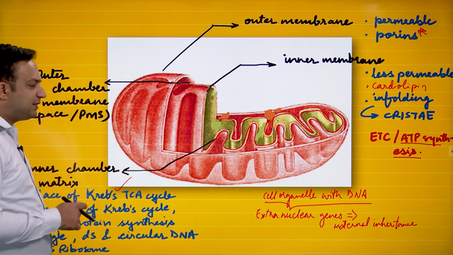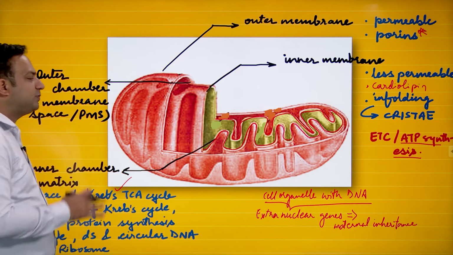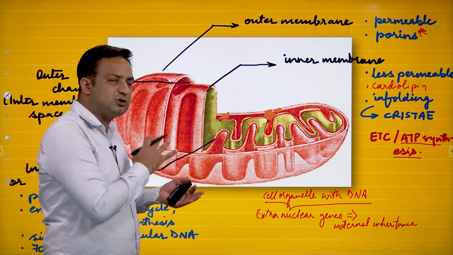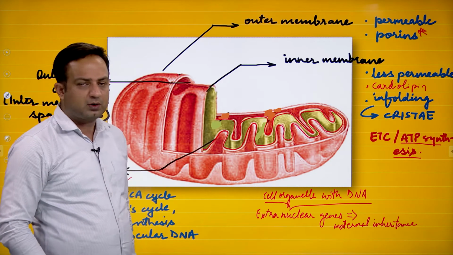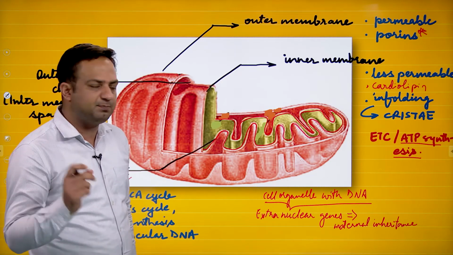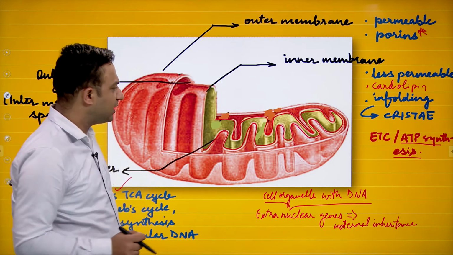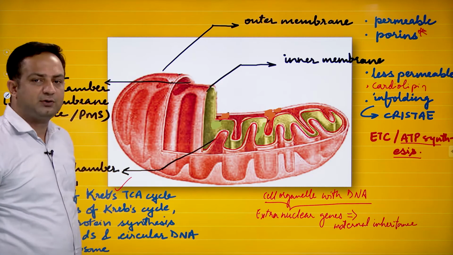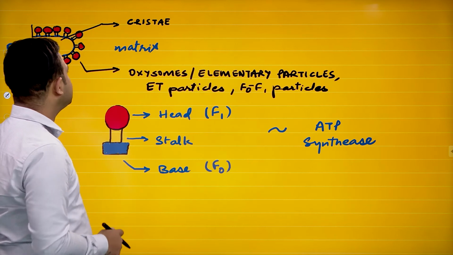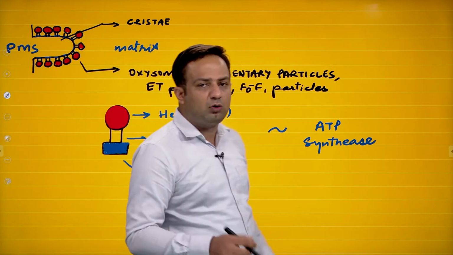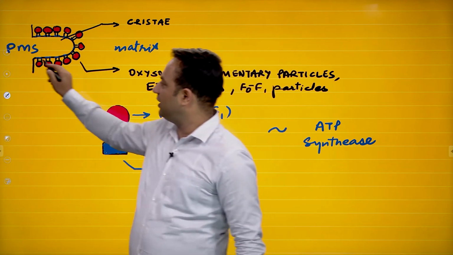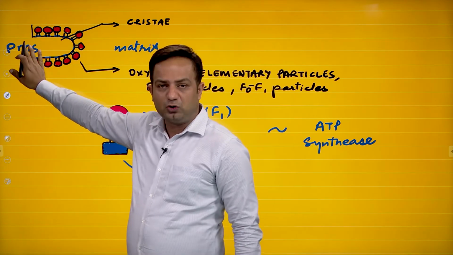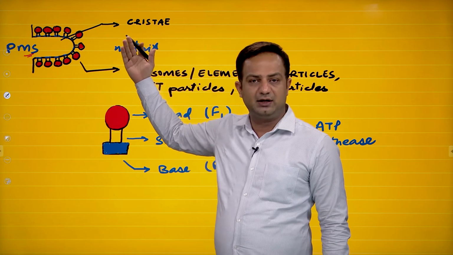Next, the other things about this structure which we have made, this sausage shaped structure representing the mitochondria. Mitochondrion is the singular word. Remember about the infoldings that we have mentioned here. So here is the thing we are discussing about how these foldings are. Now these infoldings, this side is the perimitochondrial space, this is the matrix side.